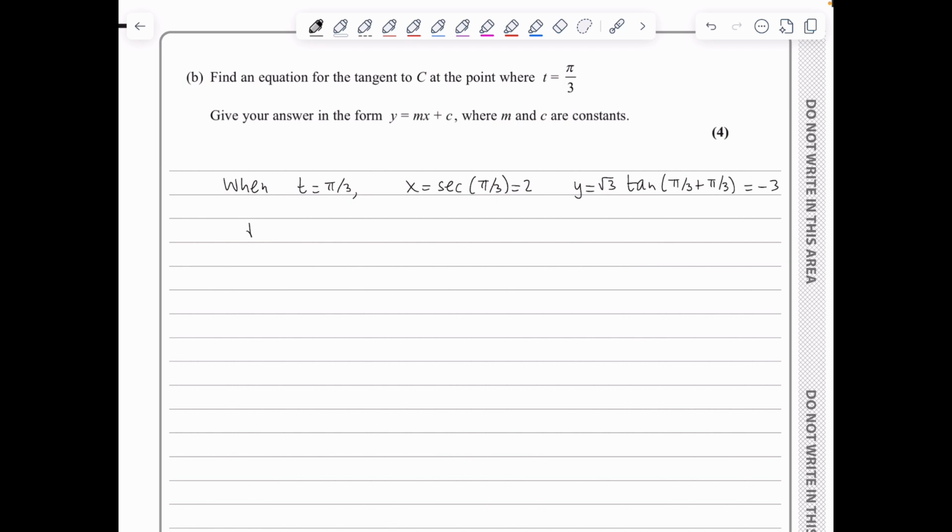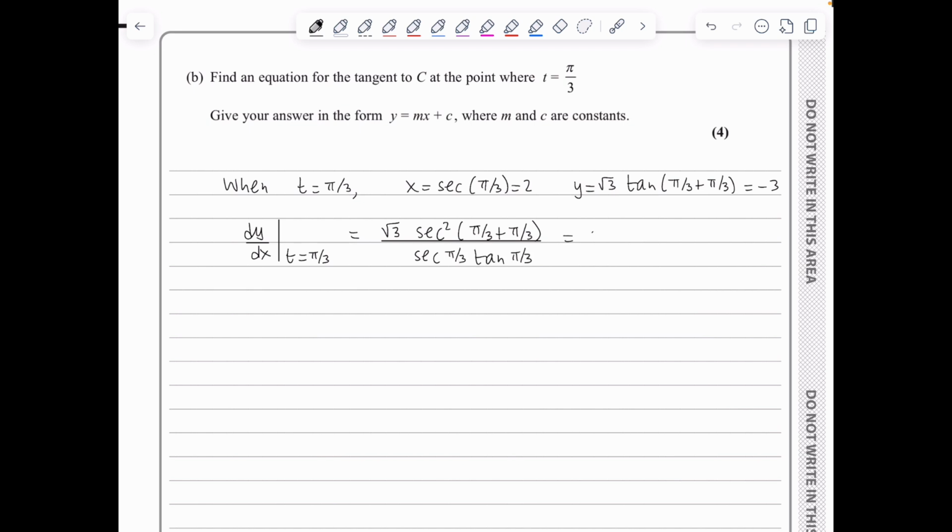I will also be evaluating dy/dx to get the gradient of the tangent when t is equal to pi over 3. This gives me root 3 sec squared of (pi over 3 plus pi over 3) divided by sec of pi over 3 tan of pi over 3. Remember, we are in radian mode.